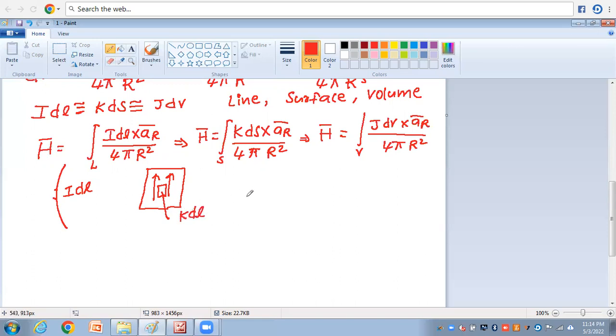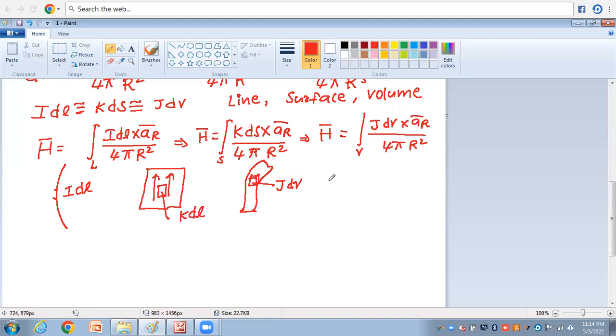For a volume, it is very easy: here consider rho V, or J into dV, or simply you can write J into dV, considering the volume.